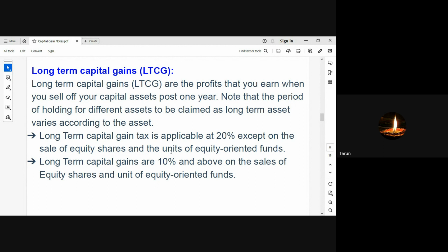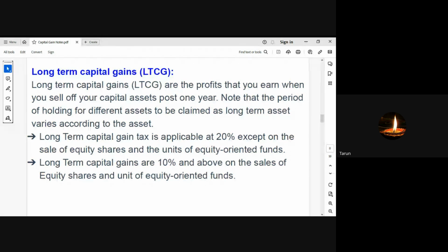Long term capital gain on the sale of equity shares and units of equity oriented funds is taxed at 10%. So for any other asset, 20% tax is applicable, and when it is equity shares or units of equity oriented funds, the tax is applicable at 10% only. That is the rule which needs to be followed.